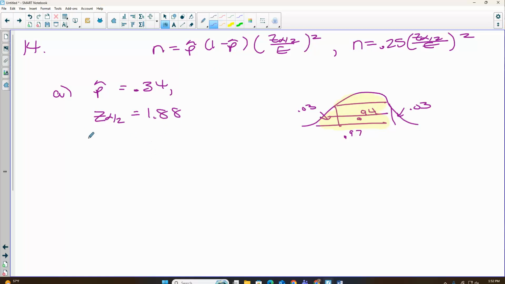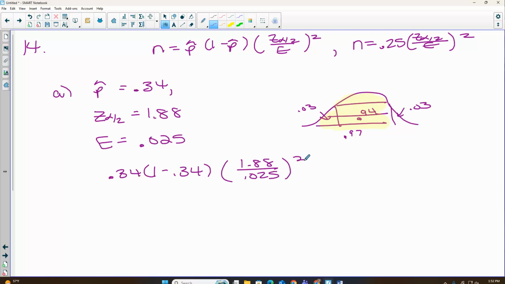Then we have to have our error. It told us in the problem 2.5 percentage points, so that would be 0.025. So then we have 0.34 times 1 minus 0.34, times 1.88 over 0.025, squared.